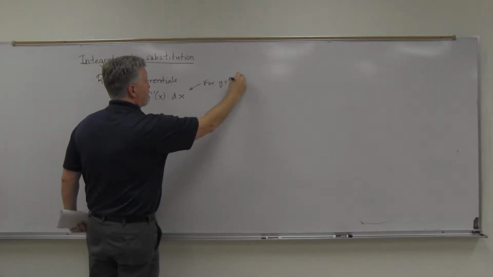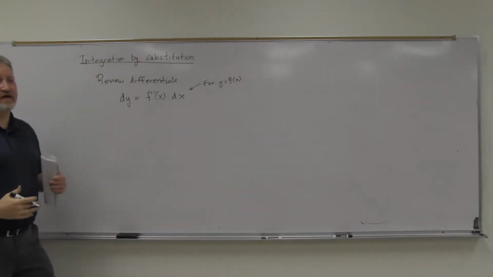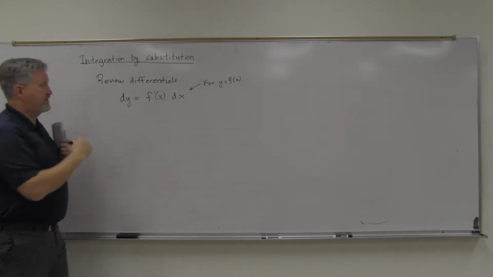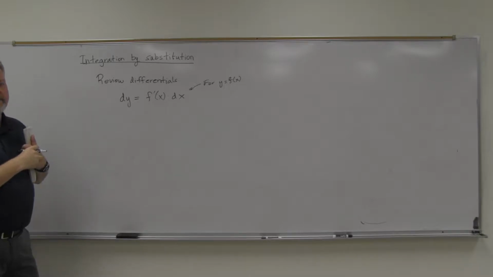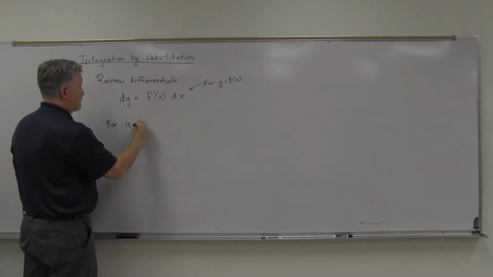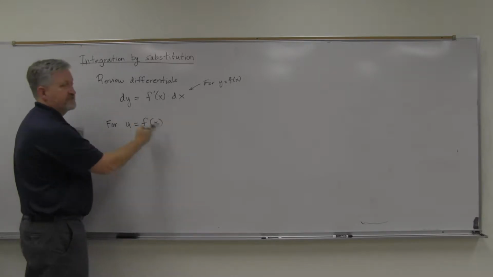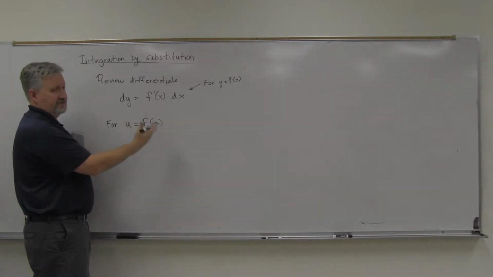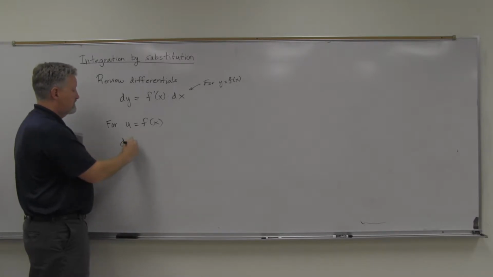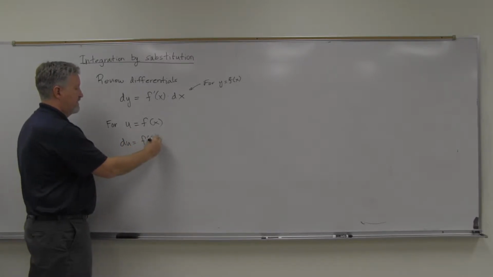The form that we'll use is actually, our dependent variable is not going to be y, it's going to actually be u. So if u is equal to some function of x or some function of some other variable, whatever it is, then du is equal to the derivative of f times dx.